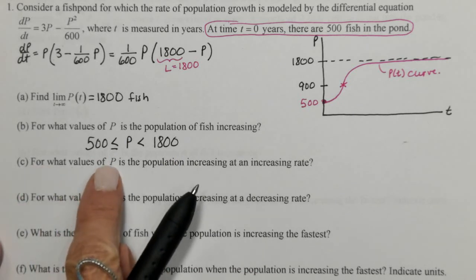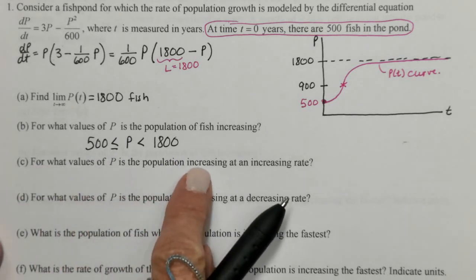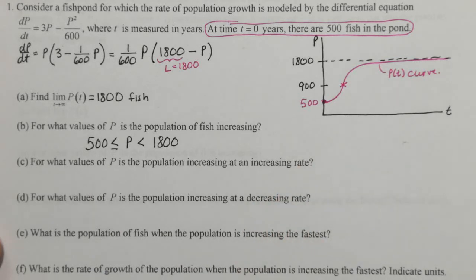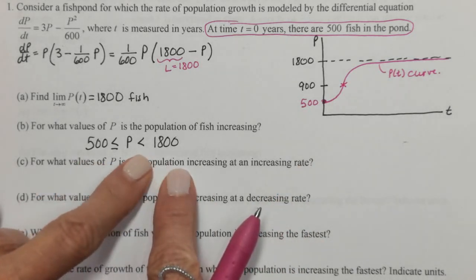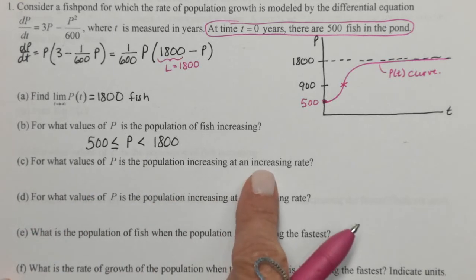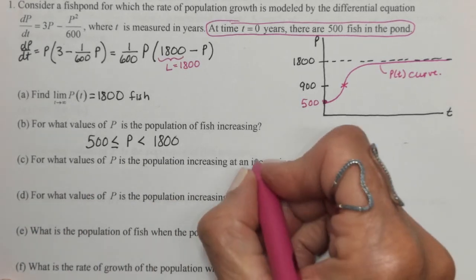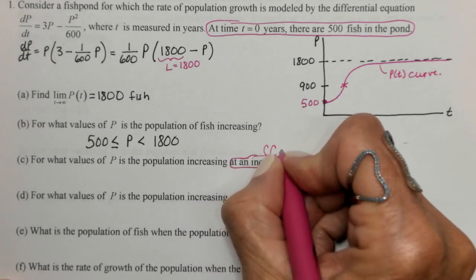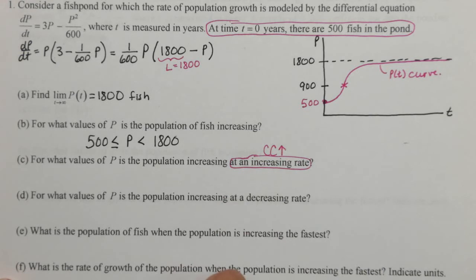For what values of P is the population increasing at an increasing rate? Well, the population is increasing here. When is it increasing at an increasing rate? That would be when our population is concave up.